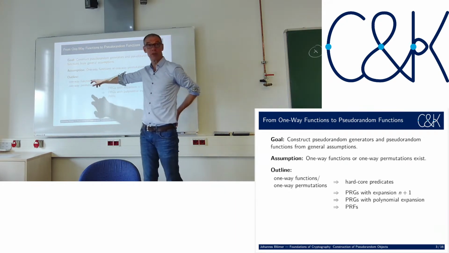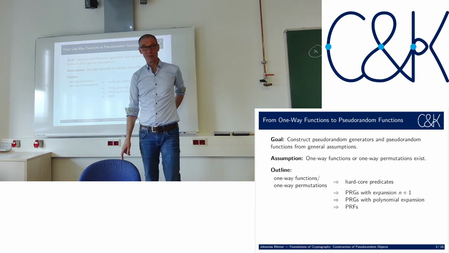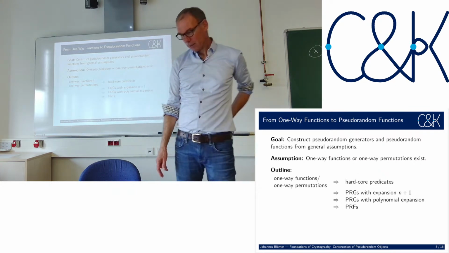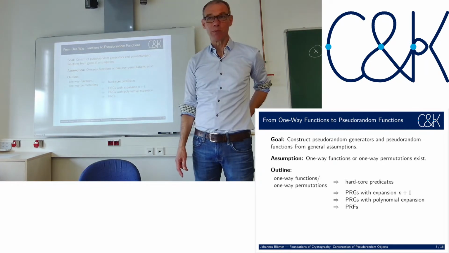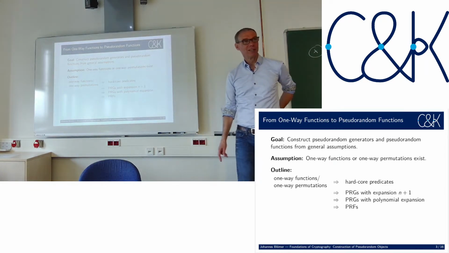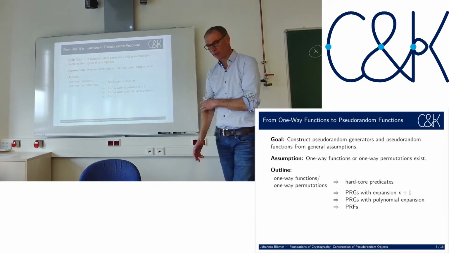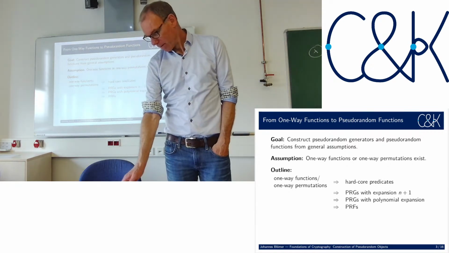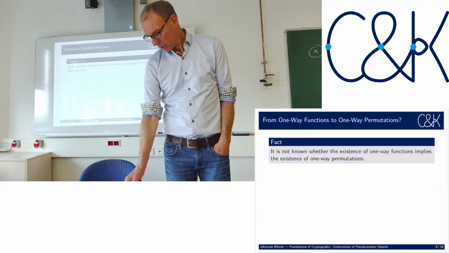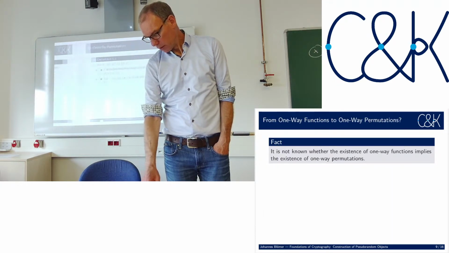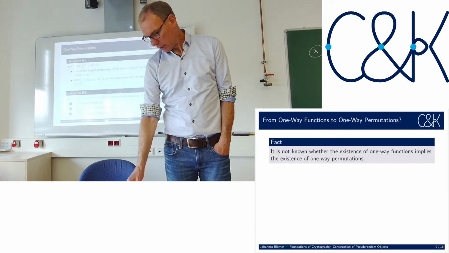Here, it's a one-page proof. So permutations preserve randomness much better than functions. That's basically the reason behind it. So this is the definition of one-way permutations.